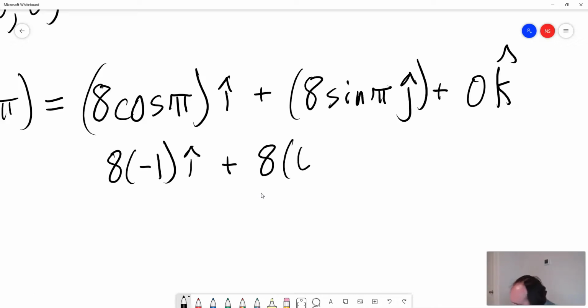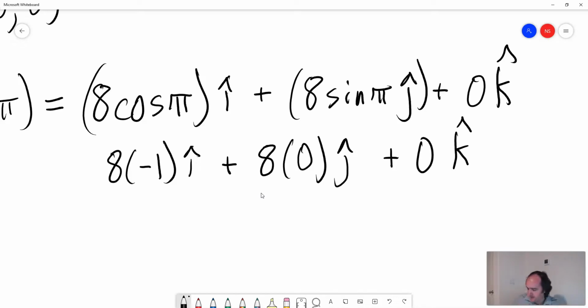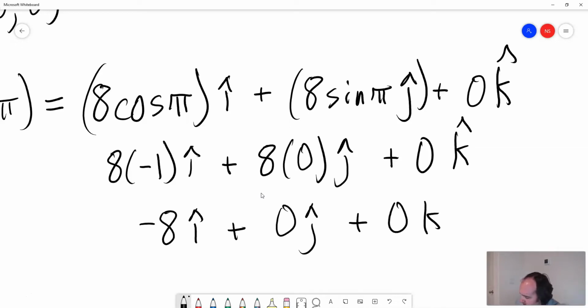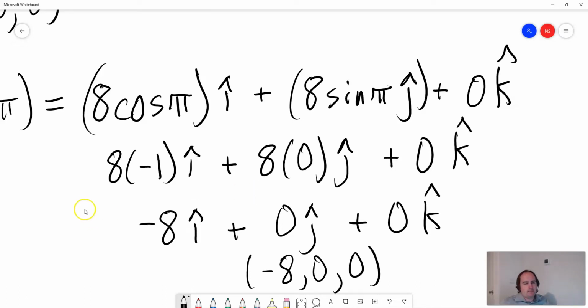So we have 8 times 0 times j plus 0k. Okay, so we have -8i plus 0j plus 0k. Okay, so as a point, that's -8, 0, 0. So let's go ahead and graph this point. x is -8, y is 0, and z is 0.